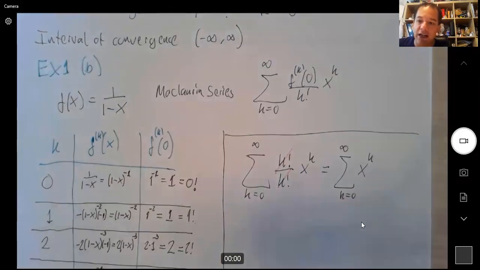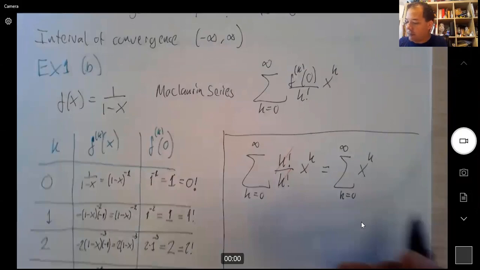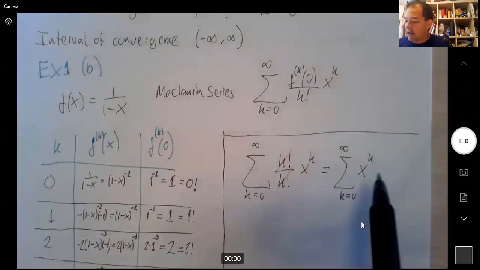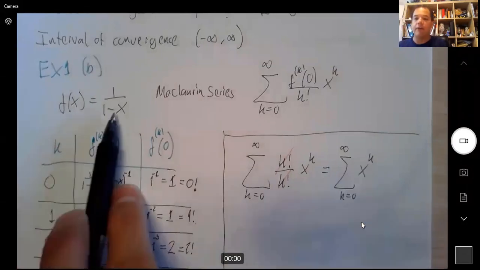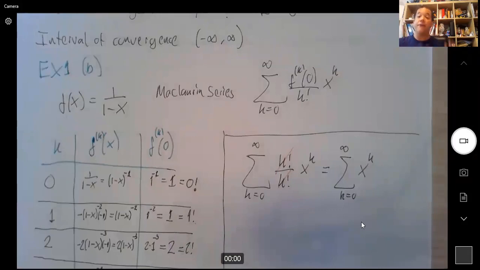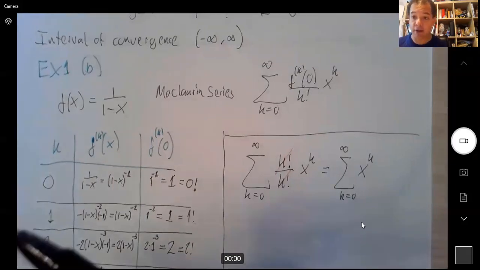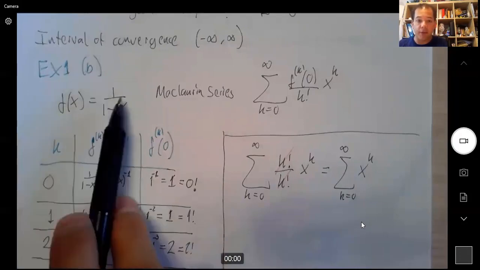Now, we kind of knew this already if you think about it, because we already know that the geometric series, the sum of x to the k, was convergent and that it equals 1 over 1 minus x. So we're sort of discovering in a different way how to get the power series of a particular function, right? We could have gotten this by knowing its geometric series.